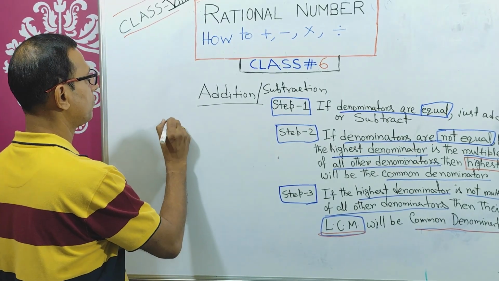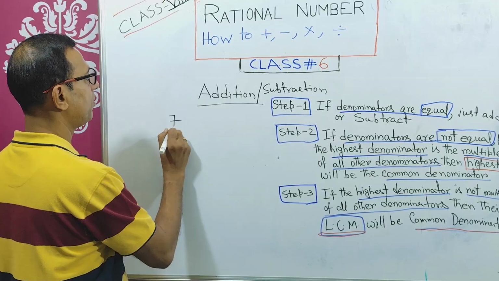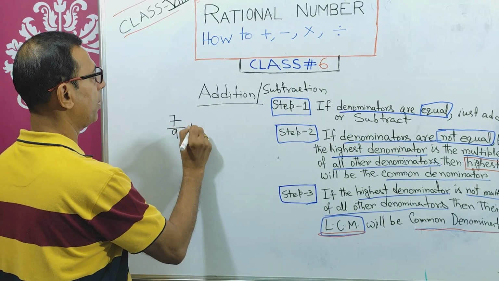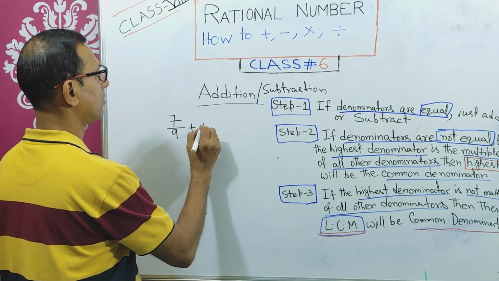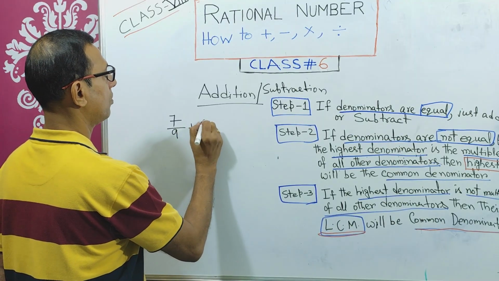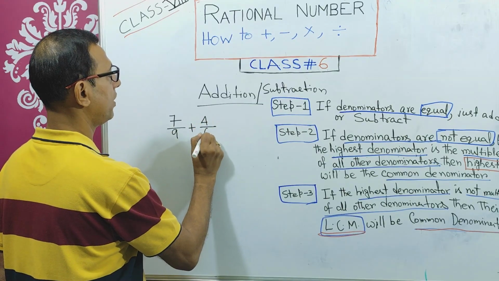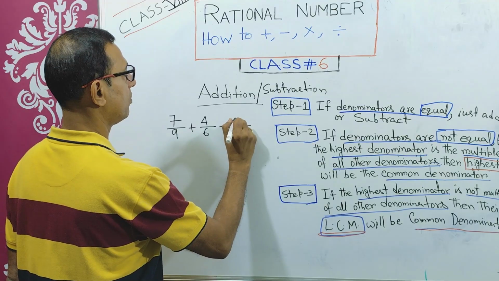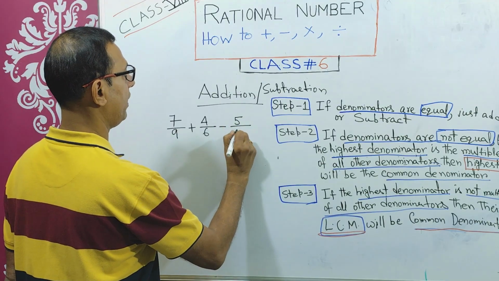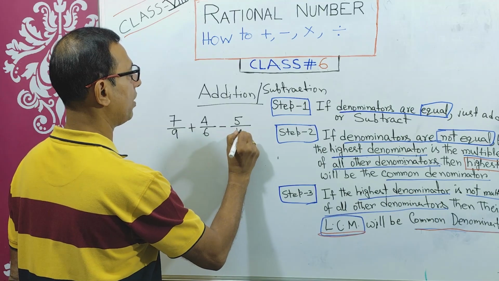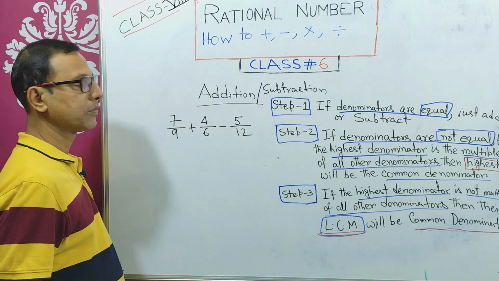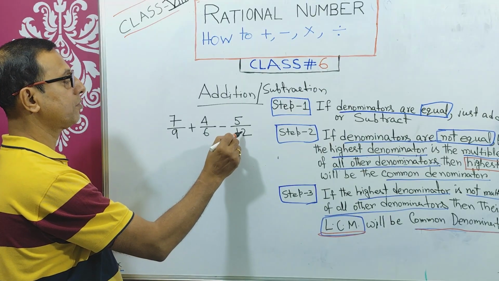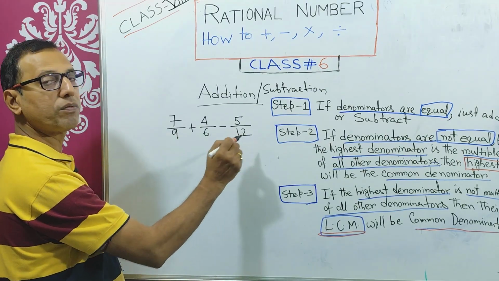Let's say 7/9 plus 4/6 minus 5/12. Okay, so 12 is the highest denominator. It is a multiple of 6, but it is not a multiple of 9.